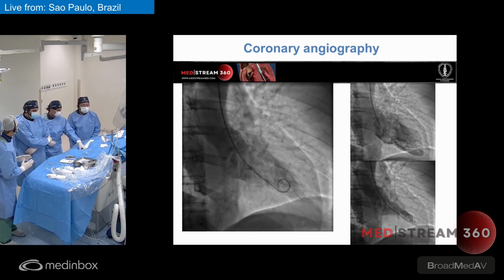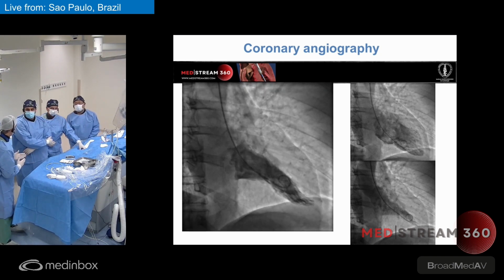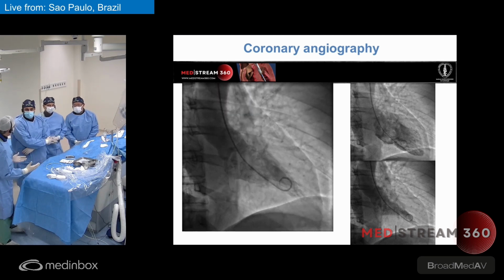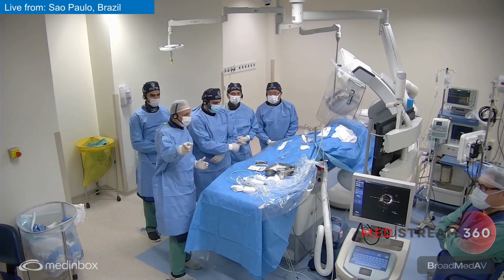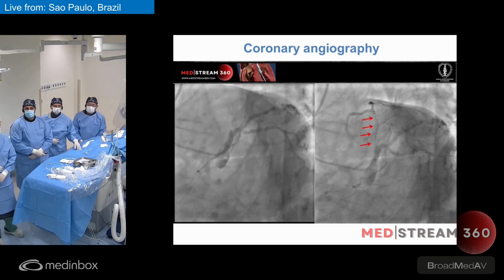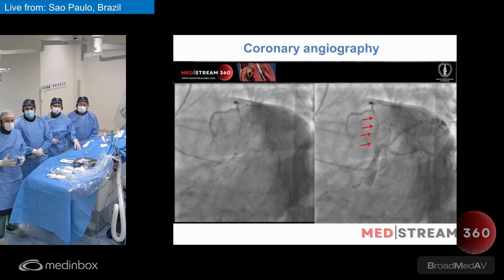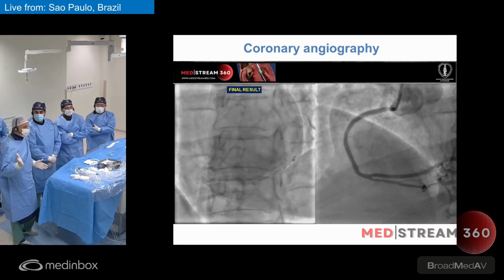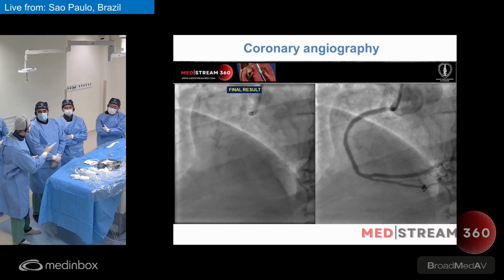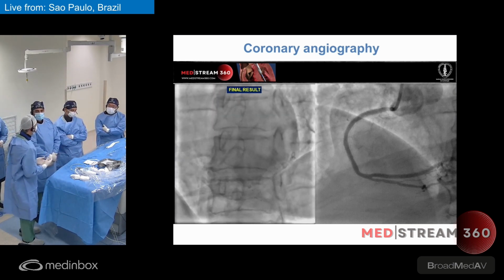There is a subocclusive in-stent restenosis in the RCA, an RCA that gives some collateral to a totally occluded LAD. The LAD is heavily calcified with an ostial occlusion, with some collaterals from ipsilateral and also contralateral sources. So the patient is back today to treat this ostial totally occluded LAD.